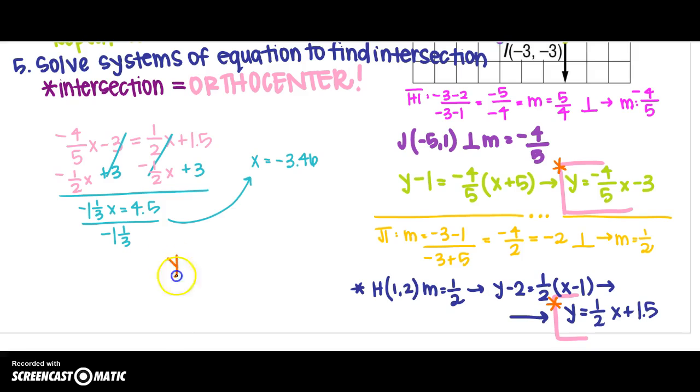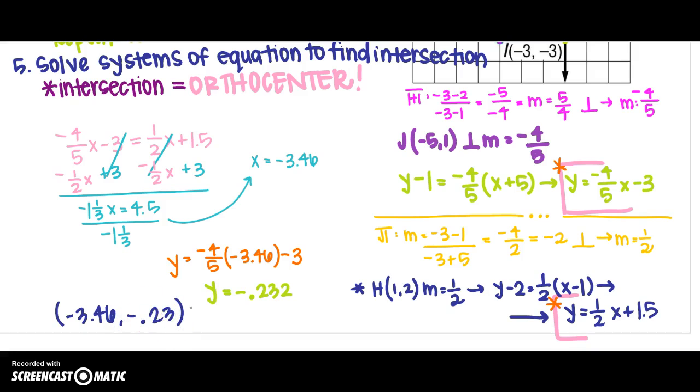So I'm going to say y equals negative 4/5 x, which is negative 3.46 minus 3. And when I solve, I get y equals negative 0.232. So the coordinates of my orthocenter are now negative 3.46 and negative 0.232.